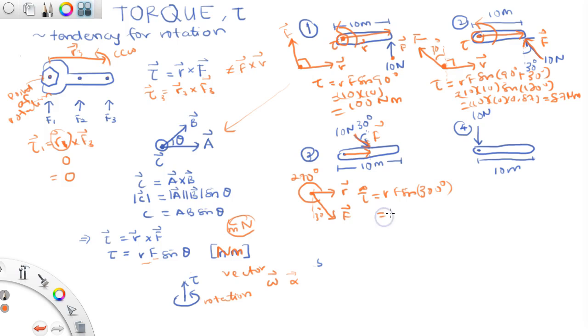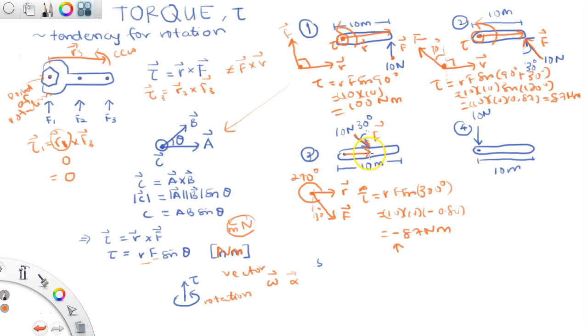So how much do you have? 10 times 10 times sine 300 is minus 0.86, so this is minus 87 Newton meter. So you have here a minus. What does the minus mean?